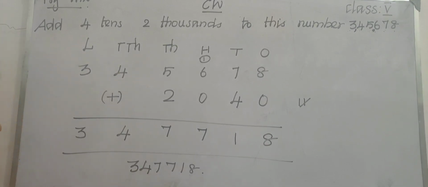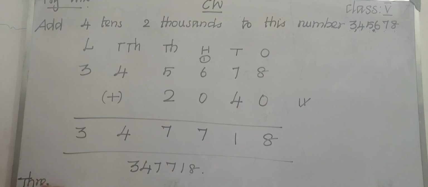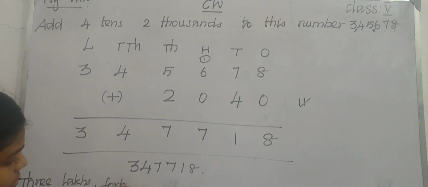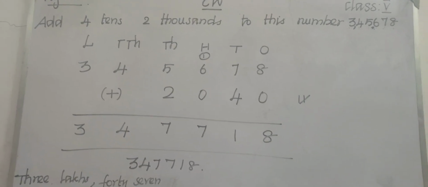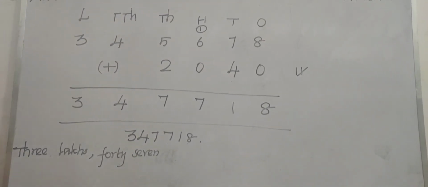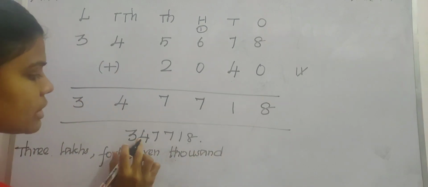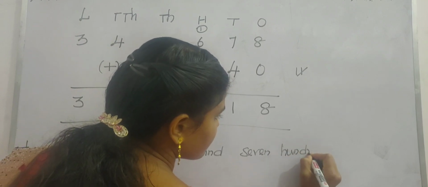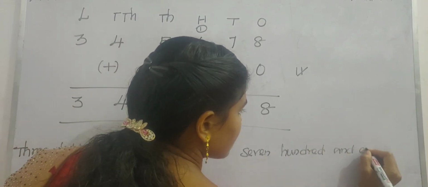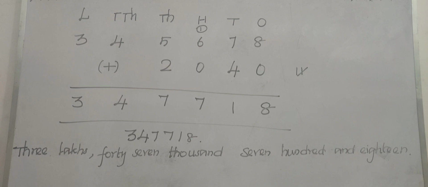So the answer is this, and we can write it as 3 lakhs 47,718. You can copy this in your classwork notebook, children.